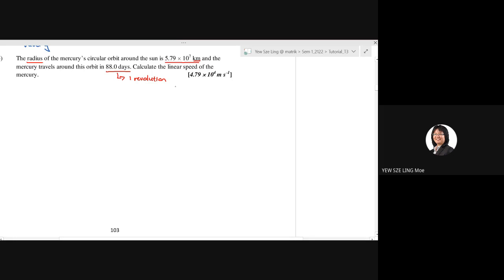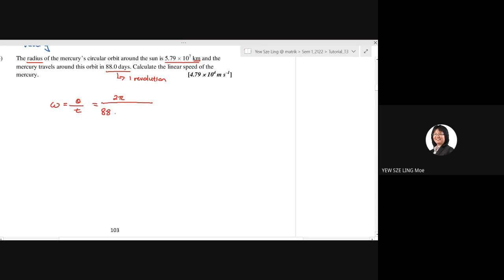In order to calculate the linear speed, of course, you need the angular speed first, because now it involves circular motion. So omega equals theta over t. We know that 1 revolution is 2 pi over 88 days, and you want to convert it into seconds.